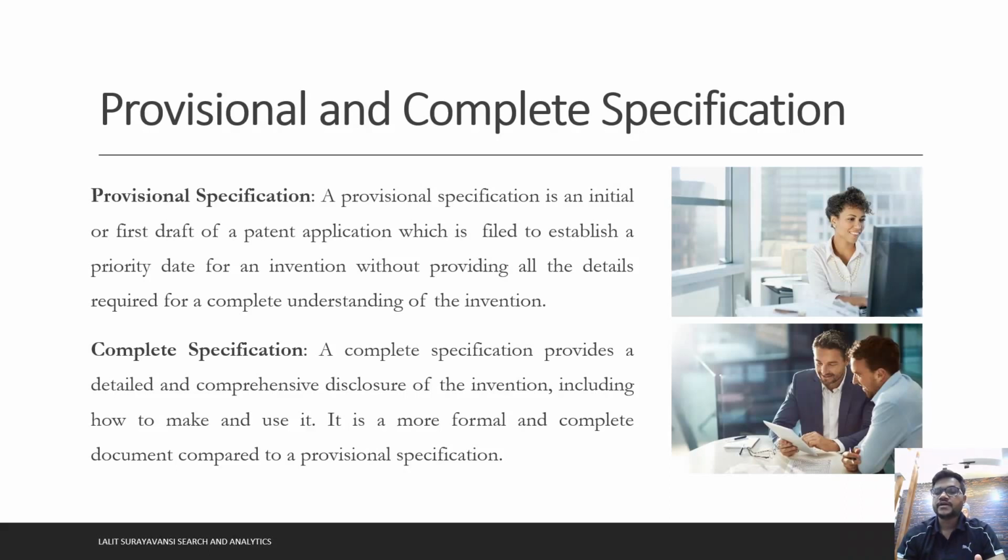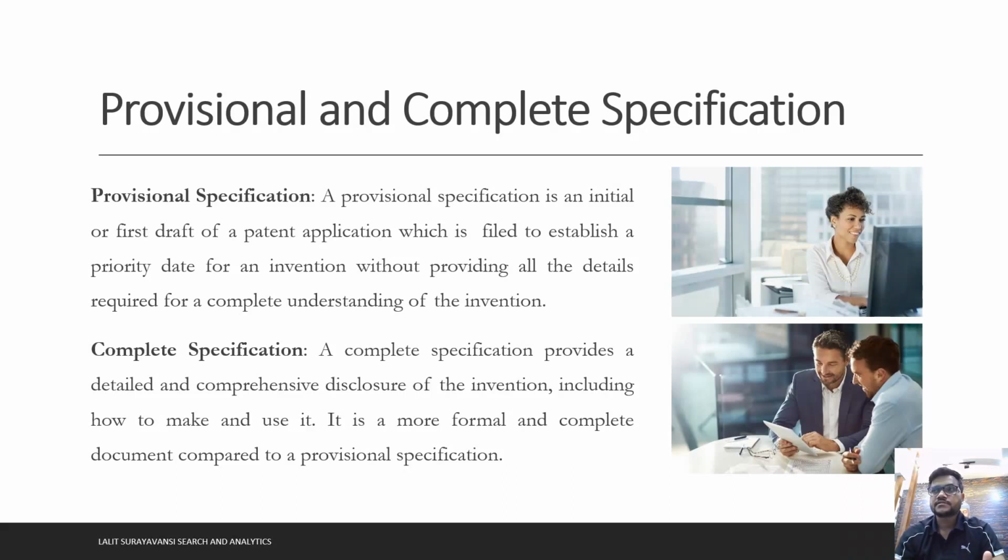Let's assume that I got the idea on 1st of January and I filed a provisional patent application. If somebody gets the exact same idea on 2nd January and files a patent application for it, then because I filed earlier, a day earlier than the second person, I will have the priority.